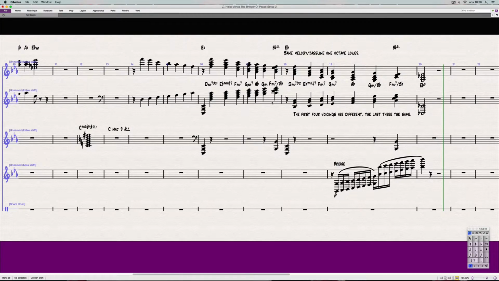So this is the first one, and this is where it repeats. So, and this is also a common technique, that you have something in one register and then you can repeat exactly the same thing 1 octave lower or higher, and just change the instrumentation. So you actually double your written material by expanding it like that.